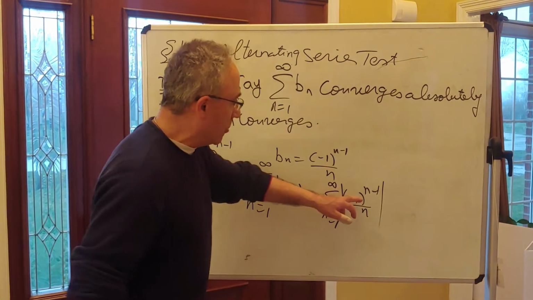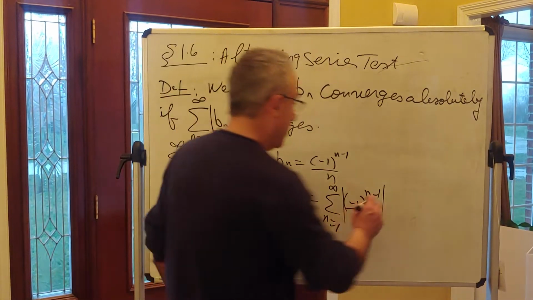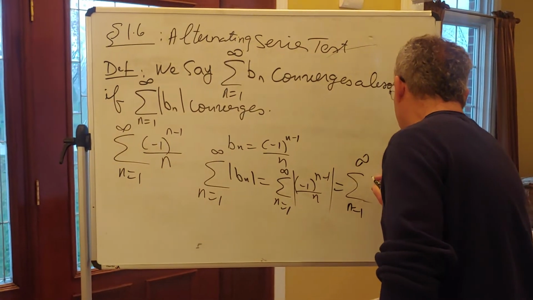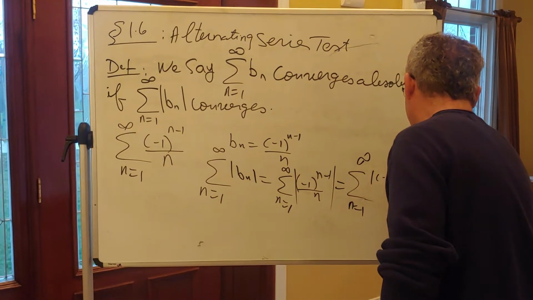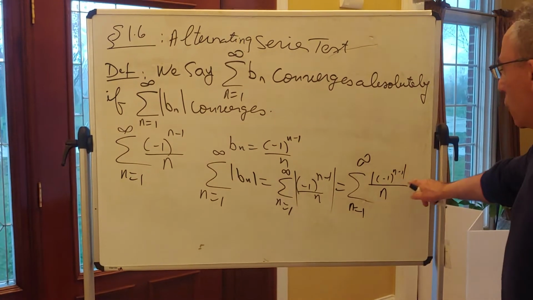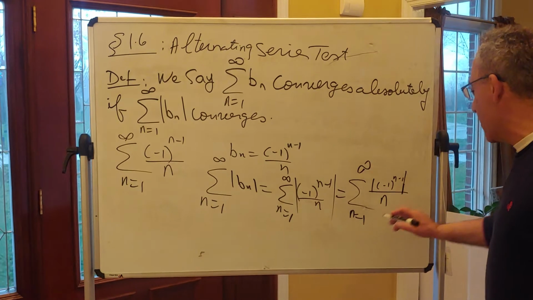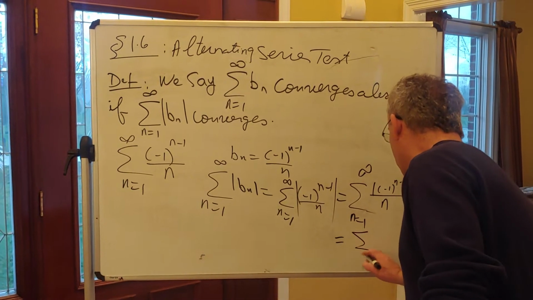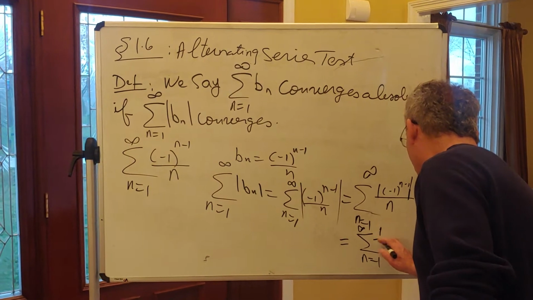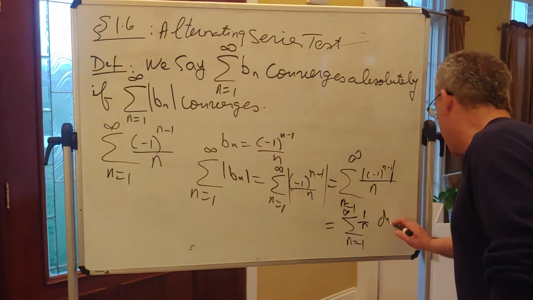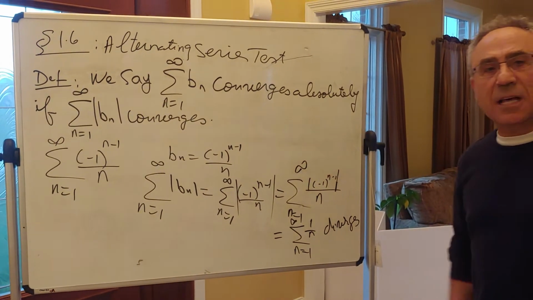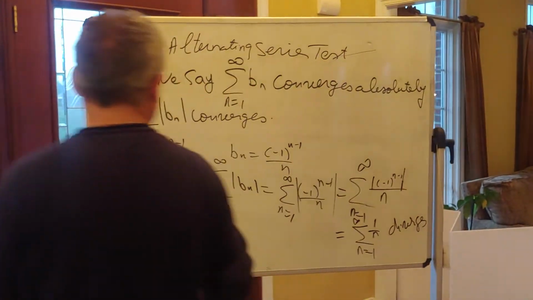But in the absolute value, the top number is either minus 1 or plus 1, and you're taking the absolute value of it. So this is the sum of 1 over n, and that diverges, remember? So this series does not converge absolutely.